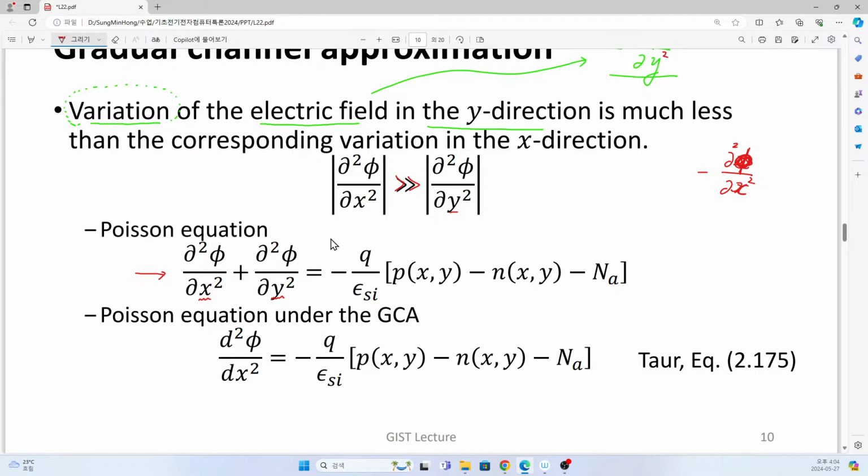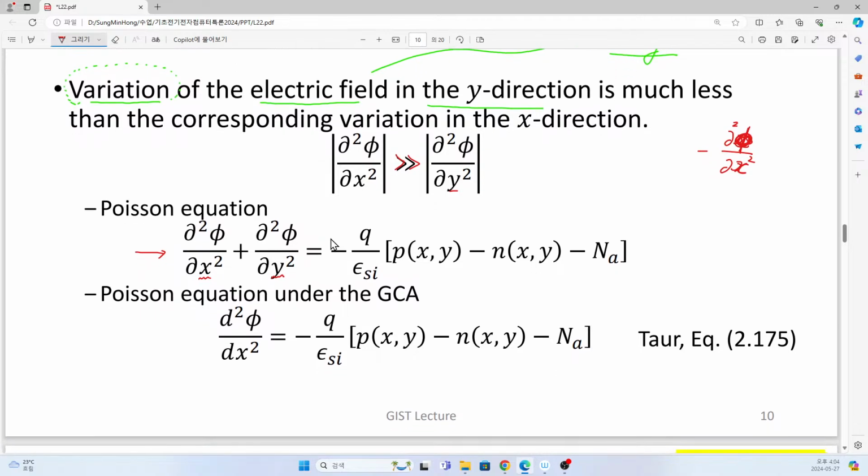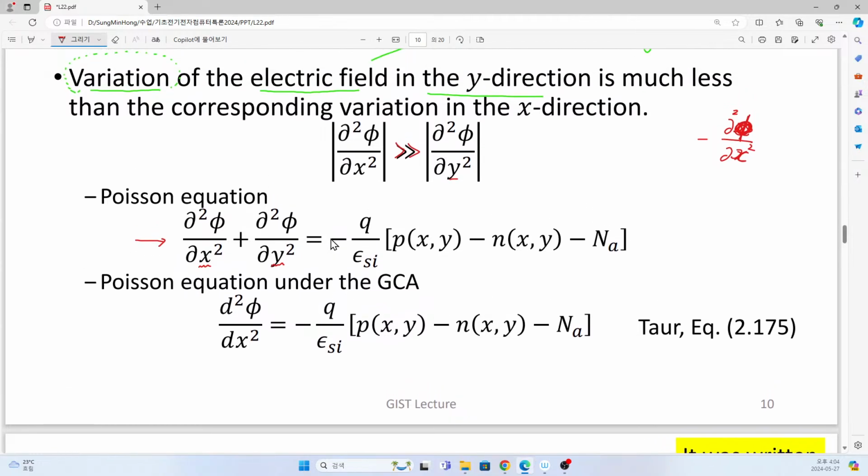So now we have a Poisson equation containing two different directional second derivatives. However, if we adopt this gradual channel approximation, things become amazingly simple. This term is completely neglected.